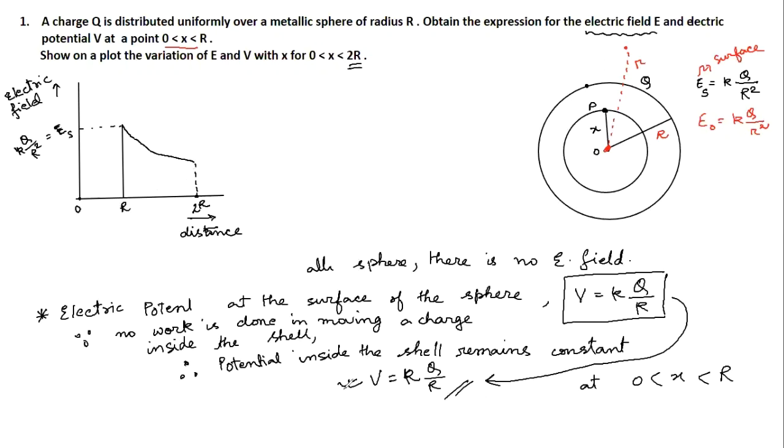Our second graph is asked for electric potential. So again we will be giving the x-axis as my distance, and along the y-axis we'll have electric potential.